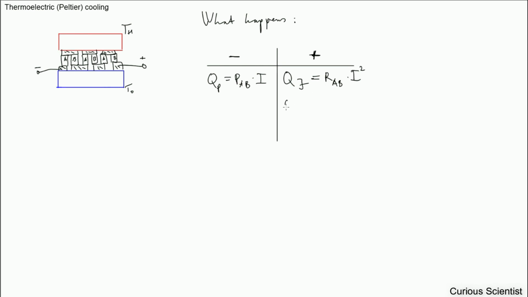You also have a heat, which is basically QC, let's call it, that is the heat conduction. So you have a heat conduction coefficient, or heat loss can also be said for this.